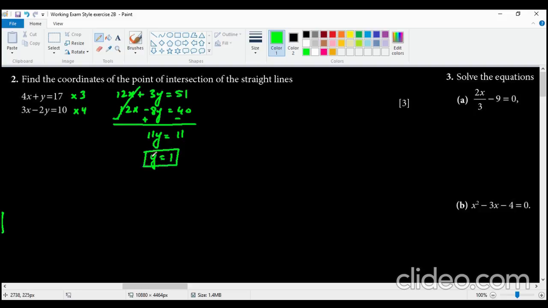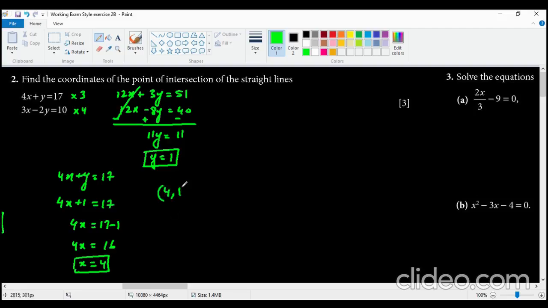Now we can substitute this in any equation we feel like. 4x plus y equals 17, and in place of y I will write 1. So this gives us 4x equals 17 minus 1, which is 4x equals 16. So x is going to be 4. The value of x is 4 and y is 1. This is going to be your answer for question number 2.